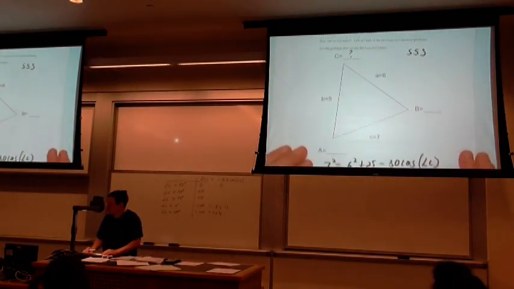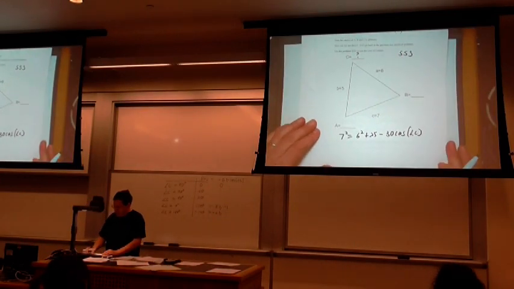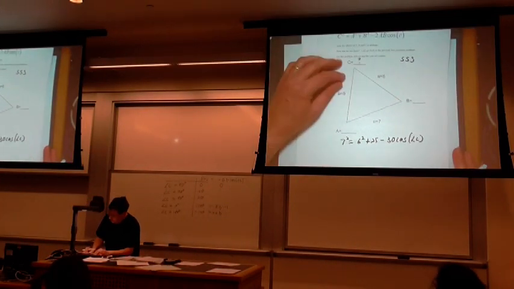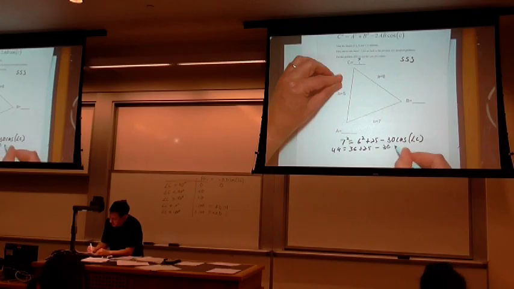Okay, well, this looks pretty straightforward. 49 equals 36 plus 25 minus 30 cosine angle C. 49 minus 36 is 13. 13 minus 25 is minus 12.